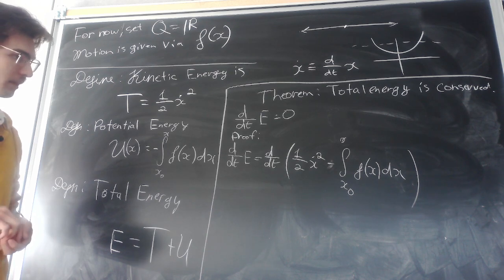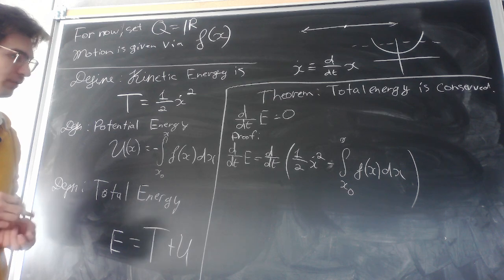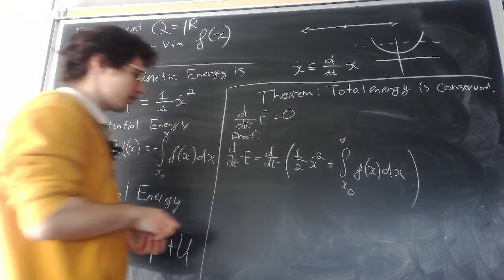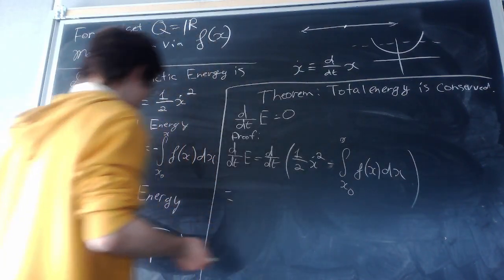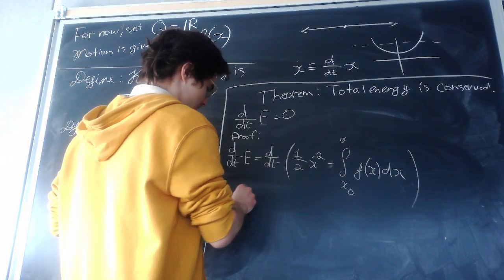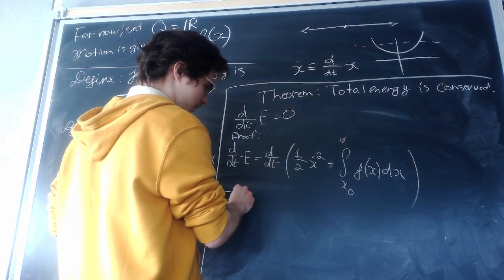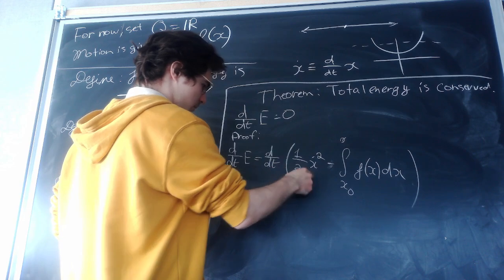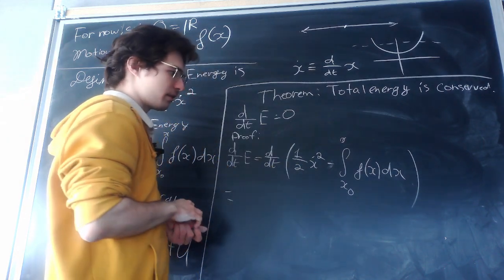Okay. Let's prove said theorem. We take the derivative, and hopefully I didn't mess up anywhere previously in the definitions, because that would be embarrassing. So what would I get from here? What would I get for the derivative of this?